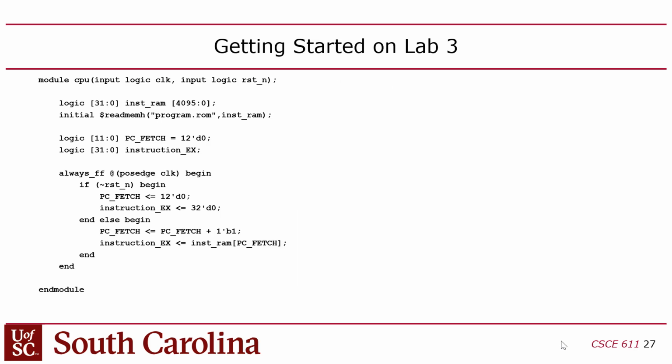Okay, so how do you get started? Everyone always asks, what's the best way to start this? This is a good starting point. This is a CPU module, and right now there's just an input clock and a reset_n. Now, why _n?